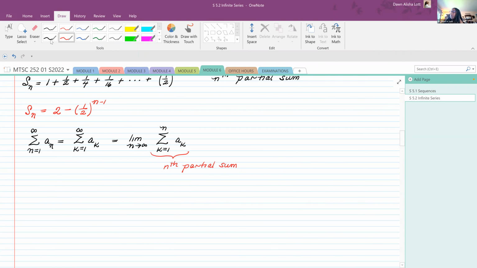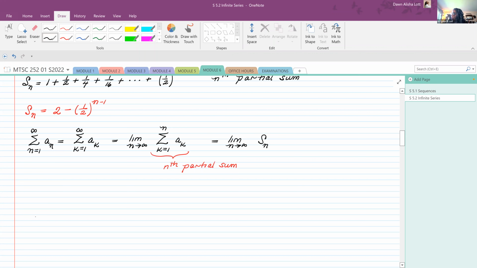The way to find the sum of the entire series, as it sums all the way to infinity, which we can't do, since we can't keep adding numbers infinitely, we'd be here forever. But we can take a limit that would give us the value of the sum. So this limit is the limit as n goes to infinity of the nth partial sum.